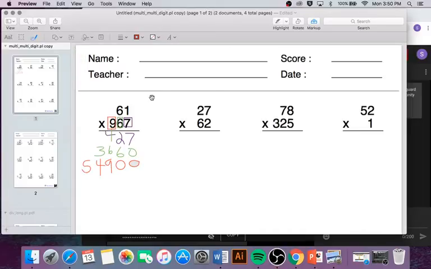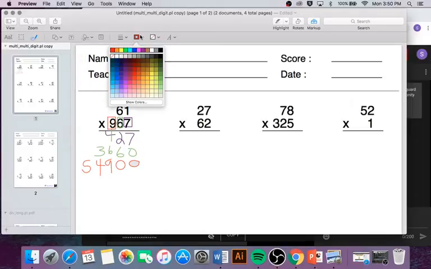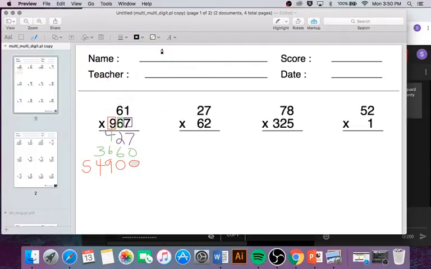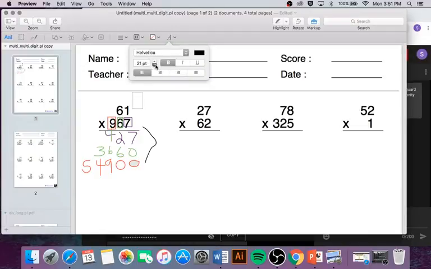Okay. So again, these are all called, I'll do black, partial products.